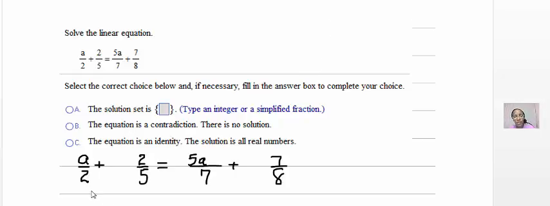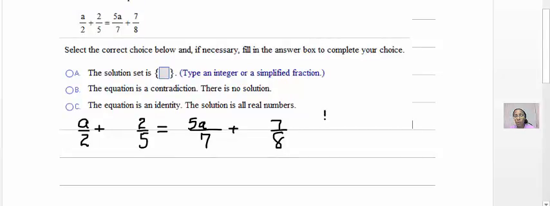Okay, so we want the smallest number that 2, 5, 7, and 8 divide into evenly. Now, typically we call that an LCD.